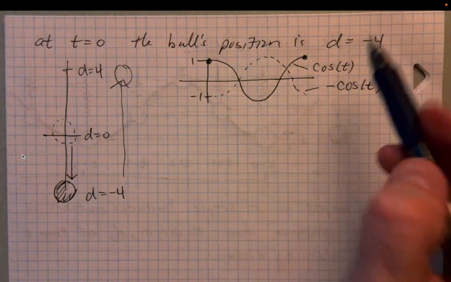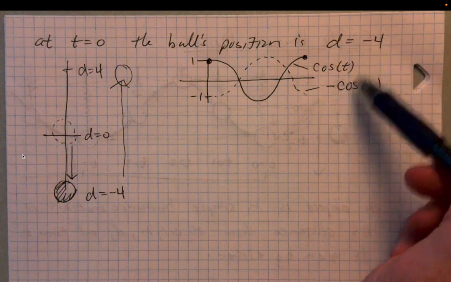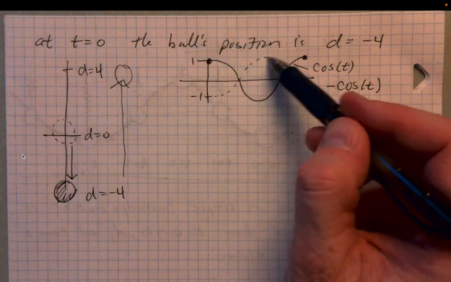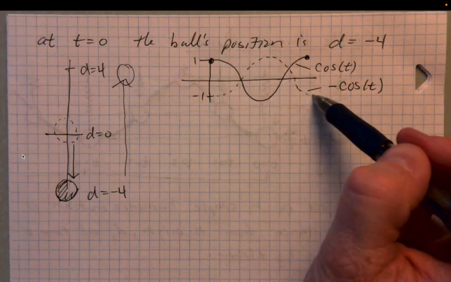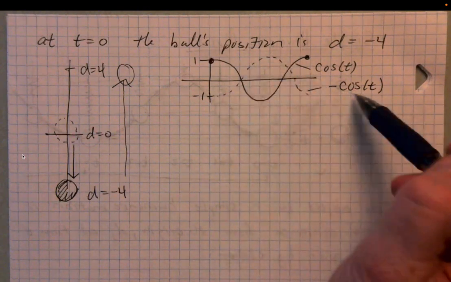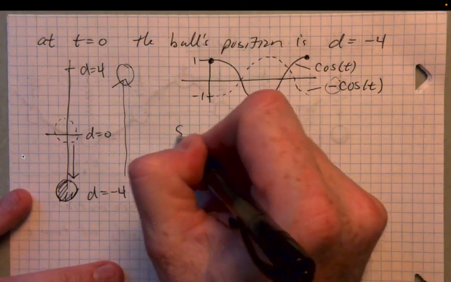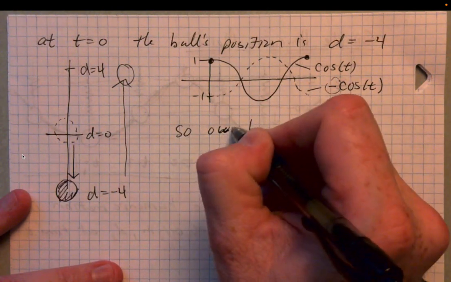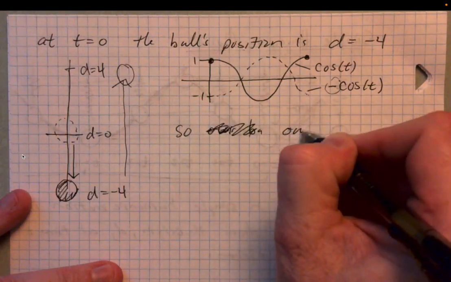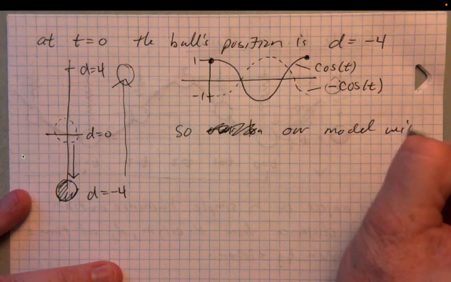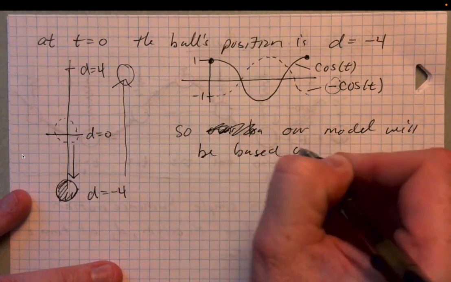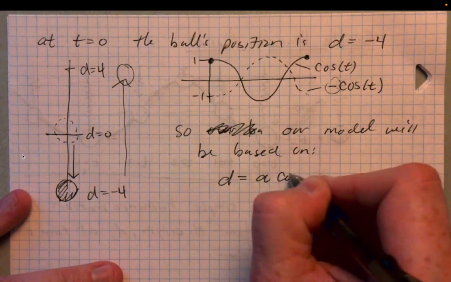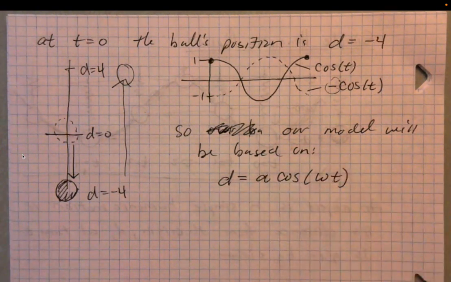If we're going to have a negative coefficient in front of the cosine function, then cosine is the natural choice, because the negative up front just flips the starting point. So our model will be based on, and we'll write, d equals a cos(ωt).